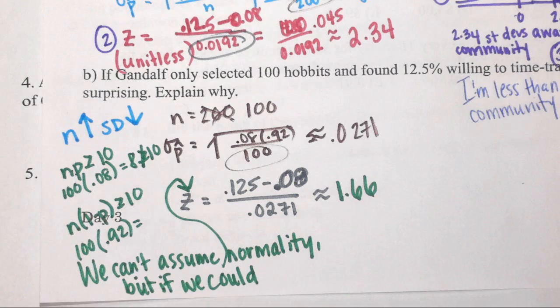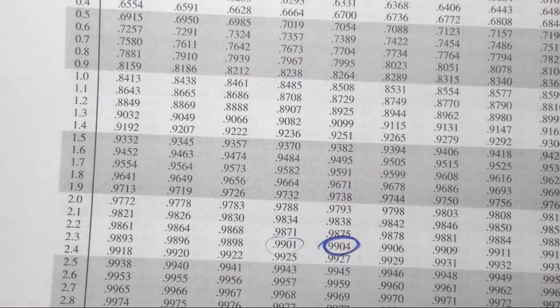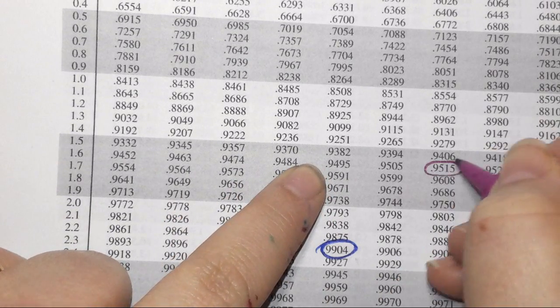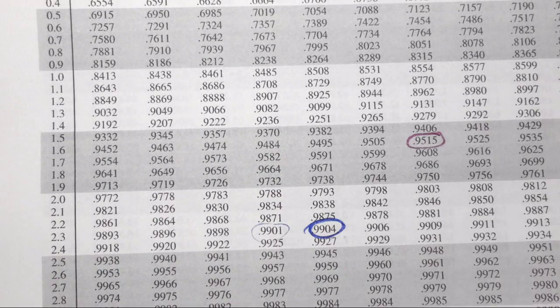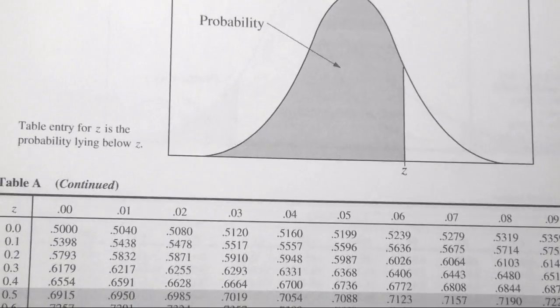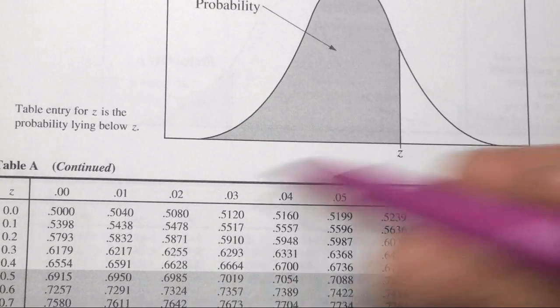Okay, so we got a z of 1.66. So I went and looked at my table, which I laid right here. Okay, so 1.66, I got 0.9515. So I'm going to do 1 minus that because, again, I'm wanting the area to the right, not the area to the left.